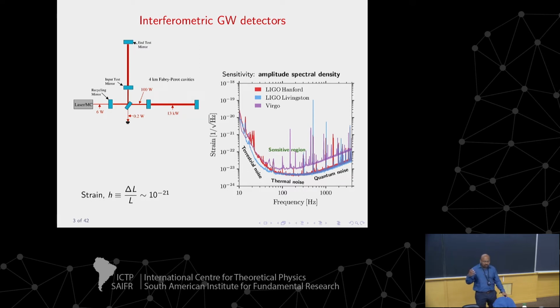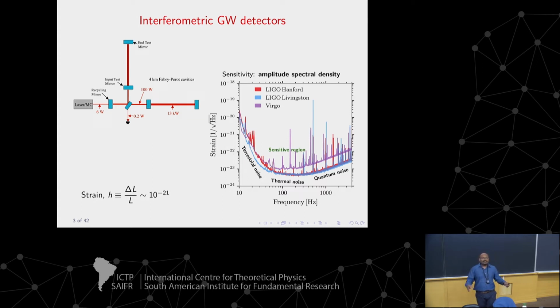Most of my talk is going to be on data analysis and observations, but I think it's important to appreciate that we are making a really precise measurement with these interferometric detectors, which are L-shaped detectors with laser beams shooting across two perpendicular arms, coming back and interfering. With these interferometers, we are able to measure relative deformations or strains of the order of 10 to the minus 21.